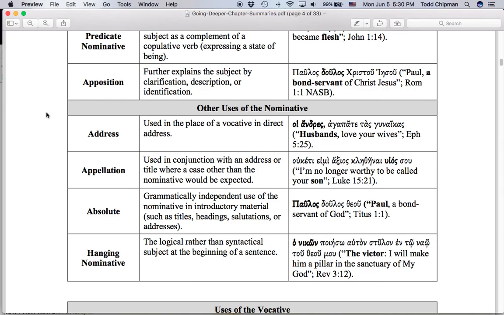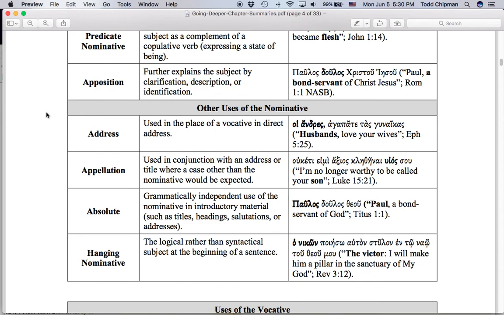The nominative absolute and the hanging nominative are independent of the clause or sentence, the absolute more so than the hanging nominative. The absolute is grammatically independent, and it's basic. It occurs in the introductions of letters, salutations, addresses. Paulos, doulos theou.